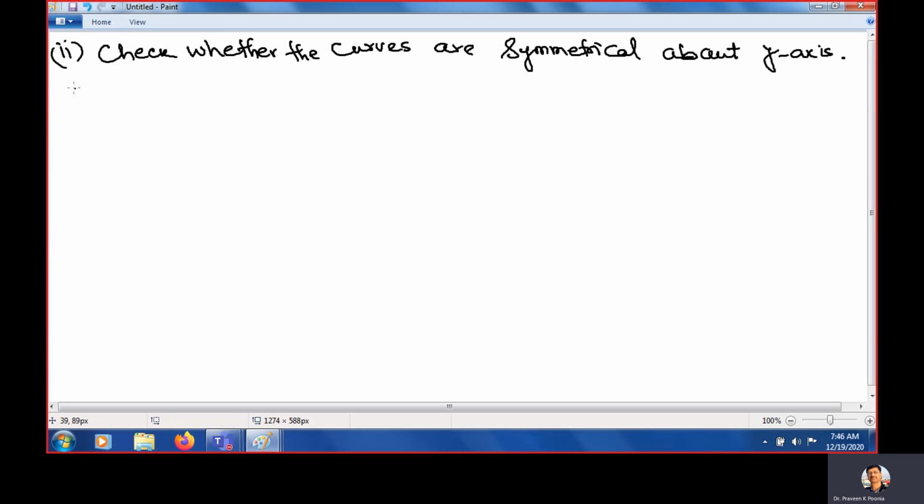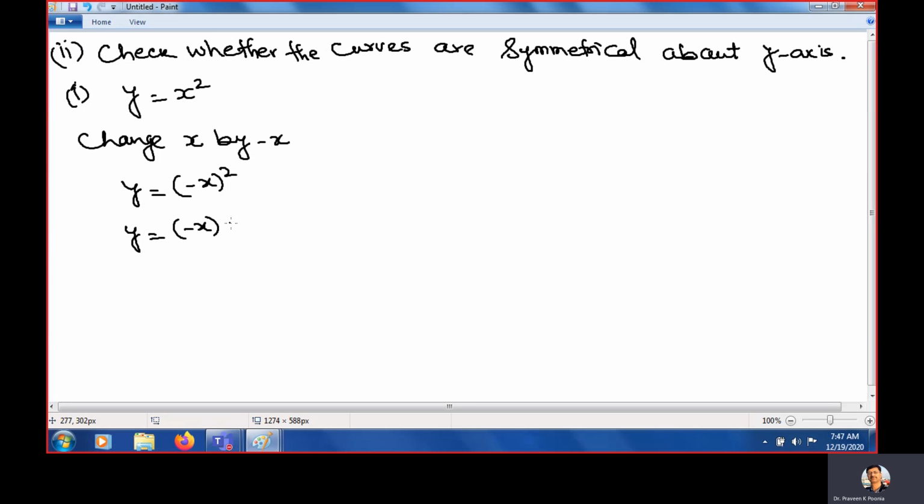It is question number 1 here. It is y is equal to x square. This is the first graph. Y is equal to x square. So change x by minus x. About the x-axis we change y. About the y-axis we change x. So y equals minus x power 2. So y equals minus x times minus x.